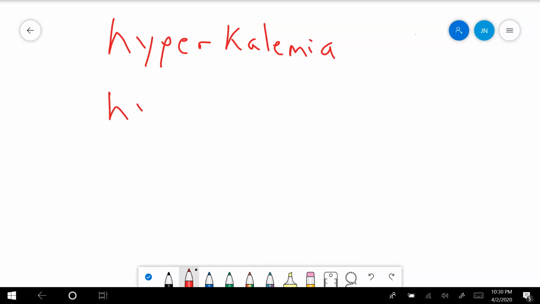Too little potassium in the blood, hypokalemia. Either one of these will be life-threatening in a hurry because it disturbs the resting membrane potential of the cell. And this is particularly going to affect the nervous system and the cardiovascular system.